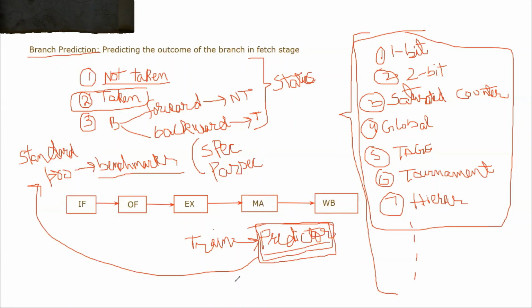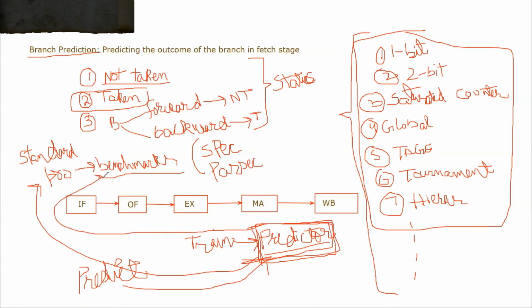After training, we make this predictor predict during the runtime. Whenever our program is running, we will predict based on our predictor that has been trained using these benchmarks, the standard programs in the architecture community.